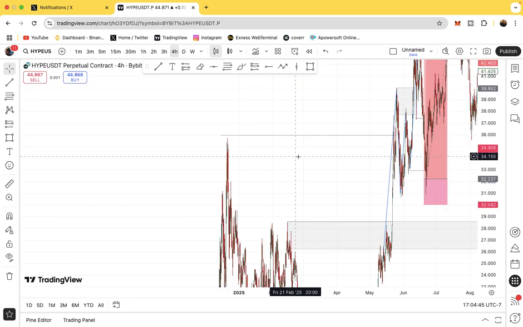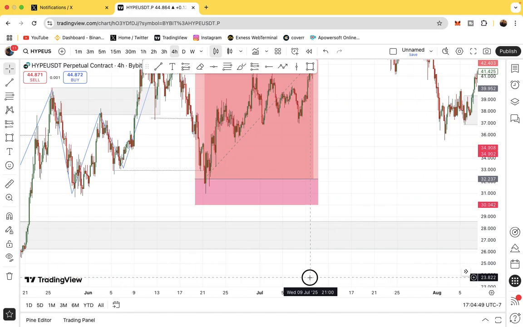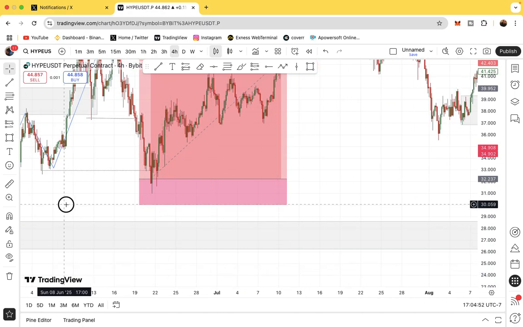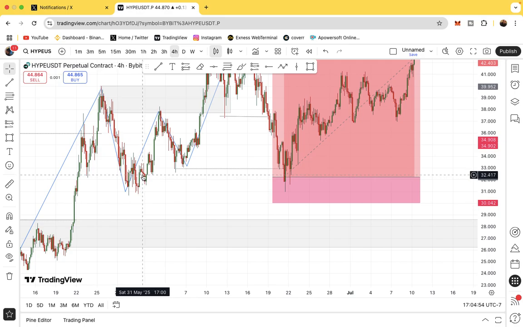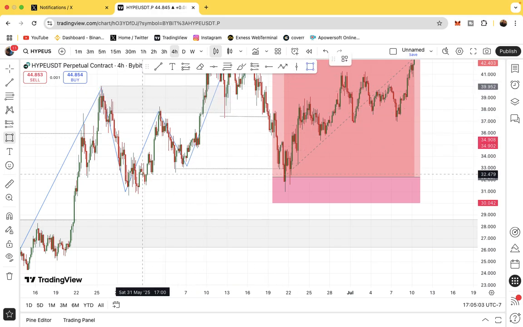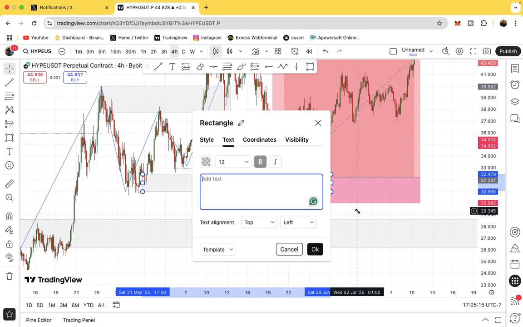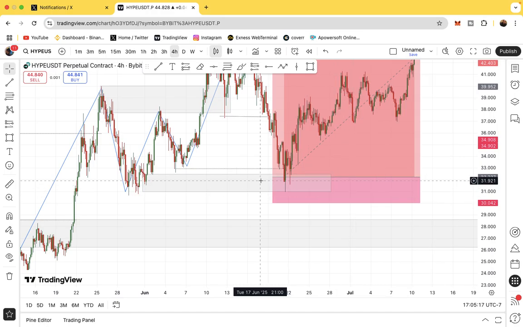My unmitigated order block would be here, the bullish run before the bearish run. You can see we have an unmitigated order block line at this point. Let me mark that out so that you can see it. I have my unmitigated order block line at this spot here, and that is why I took my entry.